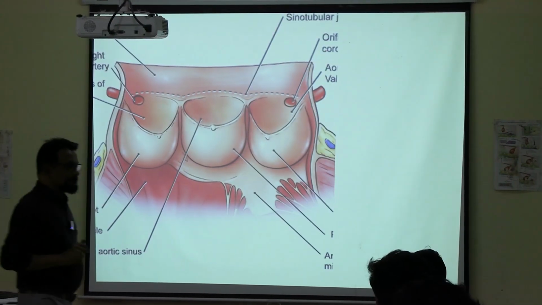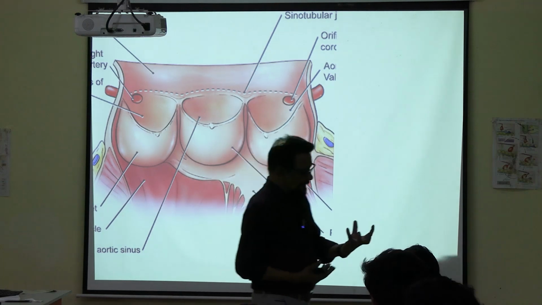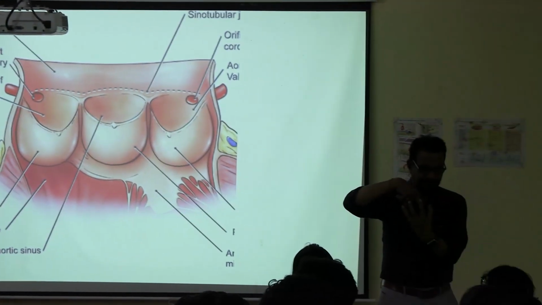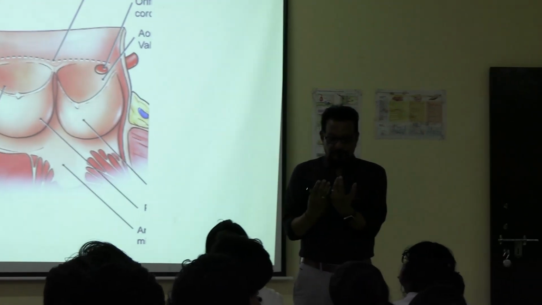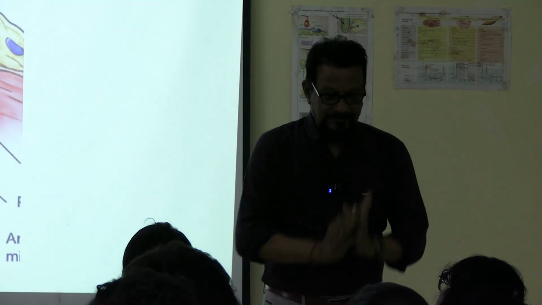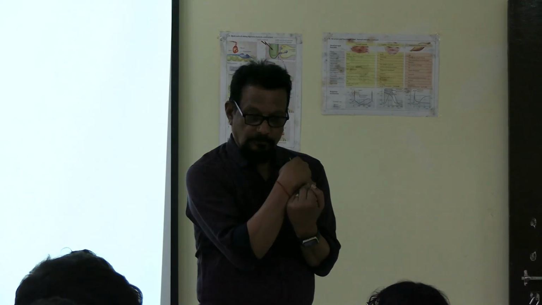These cusps have a sinus. How does the valve close? Blood is entering, the cusps open, go toward the wall, and close toward the wall.